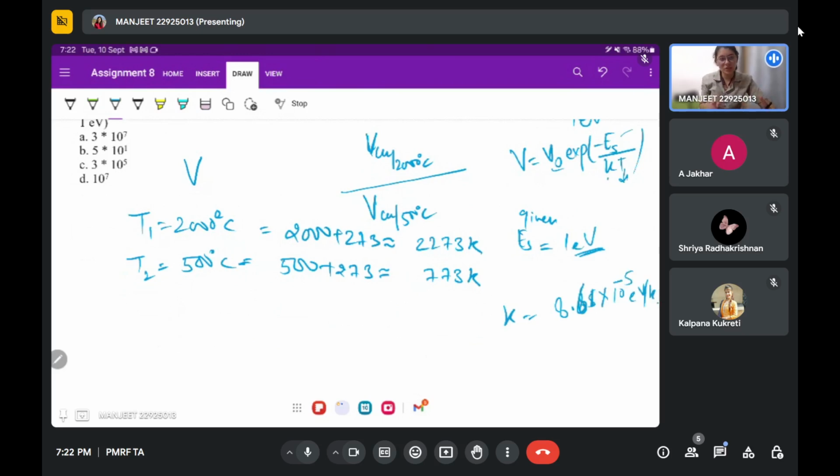Just put these values in this formula and find the vacancy concentration ratio.